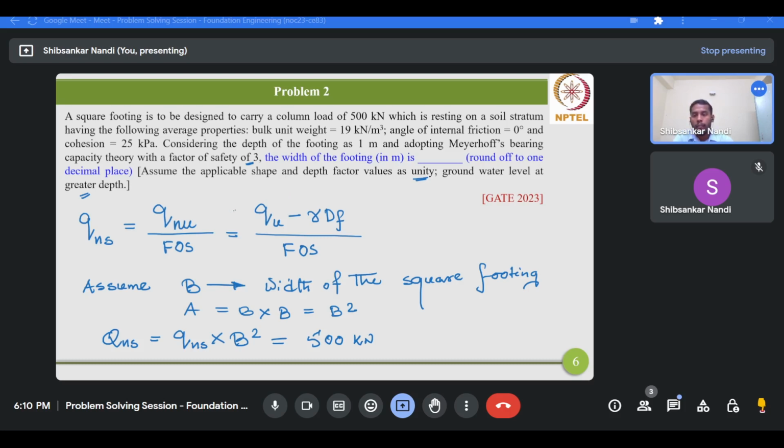To begin, we first have to calculate the ultimate bearing capacity of the footing.